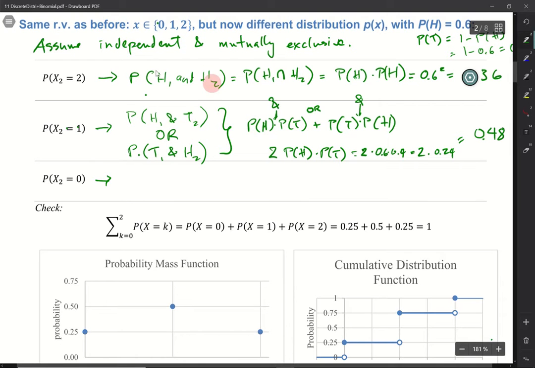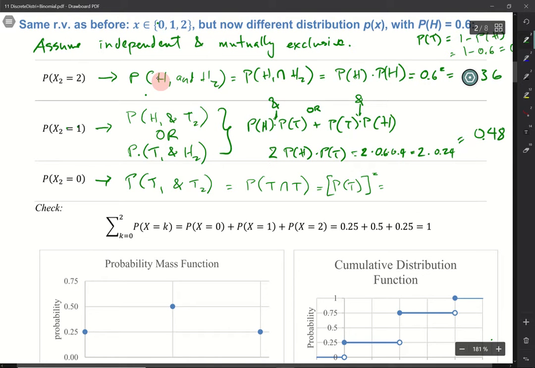And so the last one is pretty much a mirror of the first one, right? Because we have only the 4 cases. And so here we want the probability of tails first and tails second, right? So this is really the probability of tails and tails, which again is really the probability of tails squared.